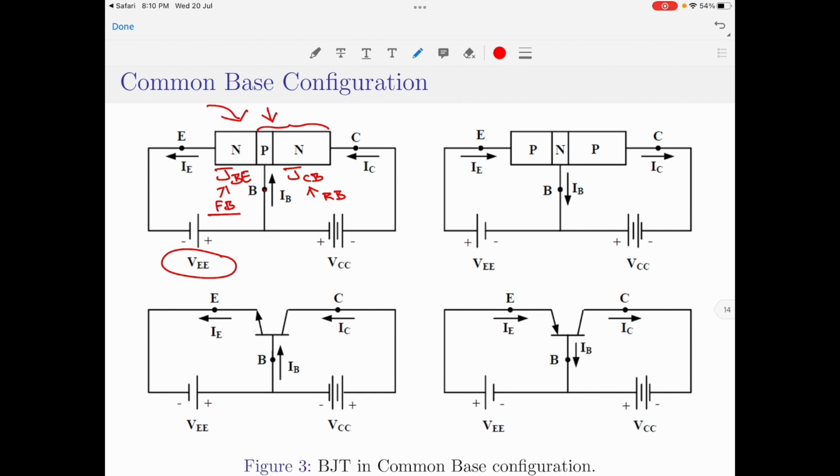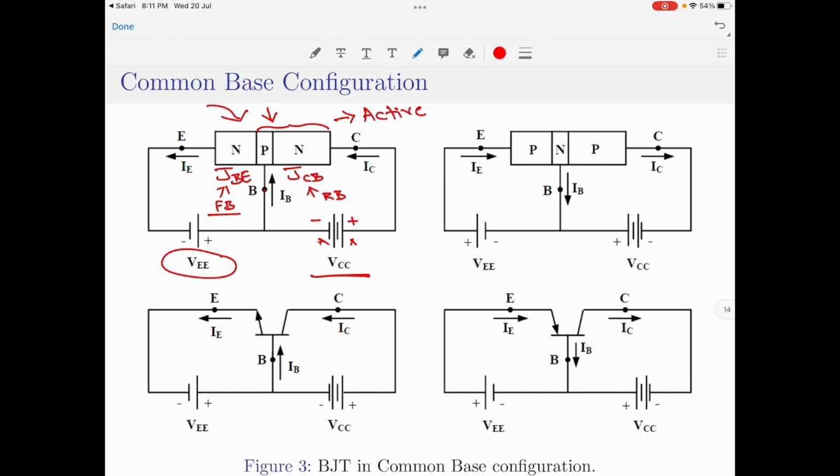That is exactly what is done here. So, N type semiconductor has a positive terminal attached to it and P type semiconductor has a negative terminal attached to it. Please note the polarities are shown wrongly here. This is positive, this is negative. So now we have forward biased the base to emitter junction and reverse biased the collector to base junction. This will make the transistor operate in the active region.